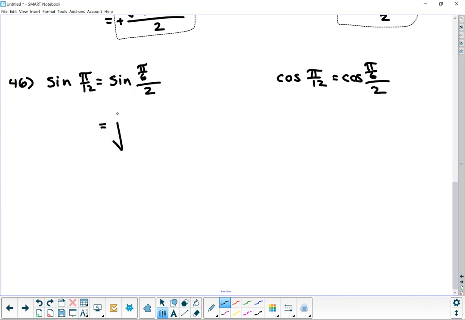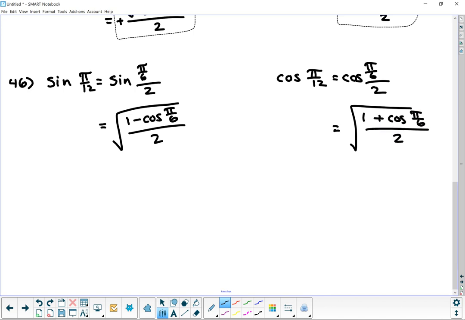So this is going to be the square root of 1 minus cosine of pi over 6, over 2. And cosine is positive, so 1 plus cosine of pi over 6, over 2. Right, the only thing left to do is really figure out what cosine of pi over 6 is.